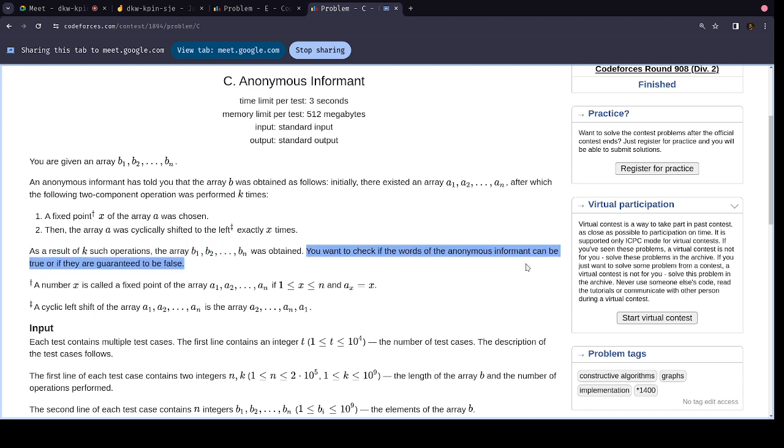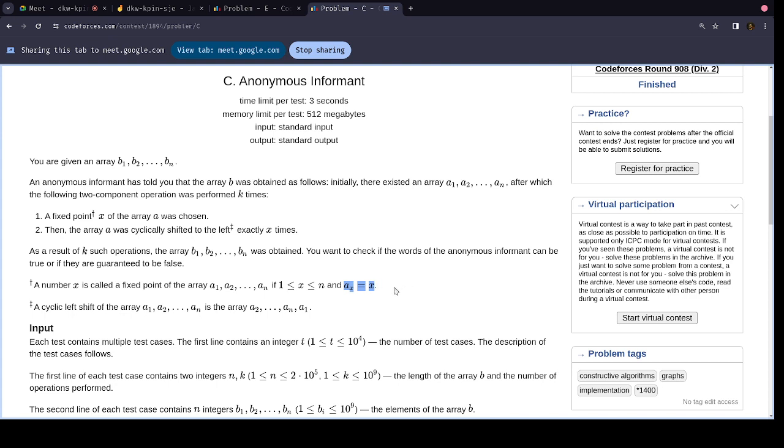You want to check if the words of the anonymous informant can be true or if they are guaranteed to be false. So again, in this question you're given an array B, which was the result of some operations done on A, where a fixed point was picked, a number of the form A[x] equals x.